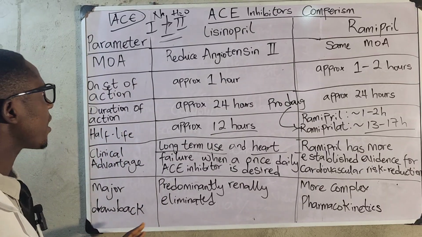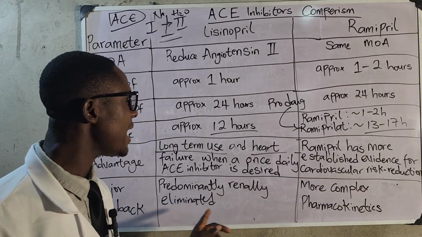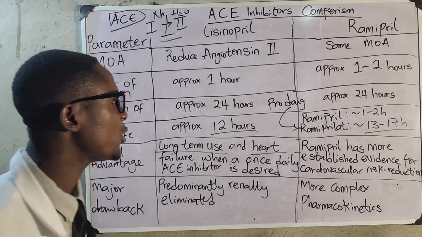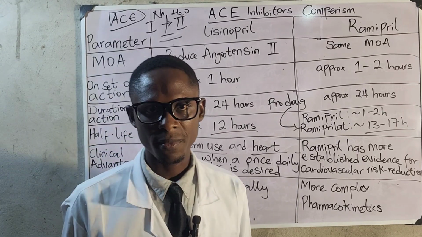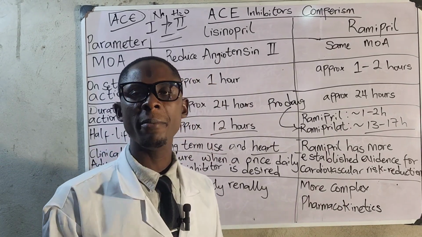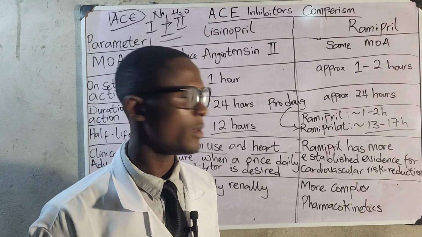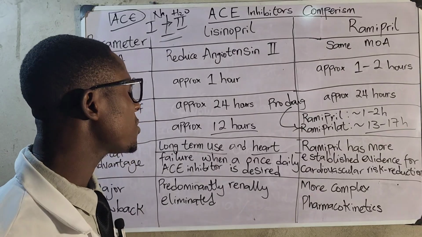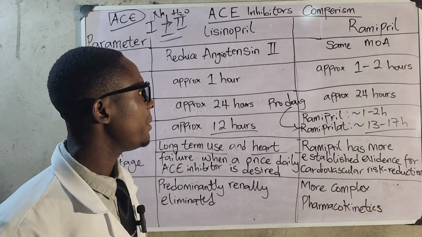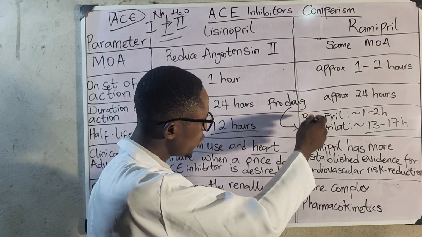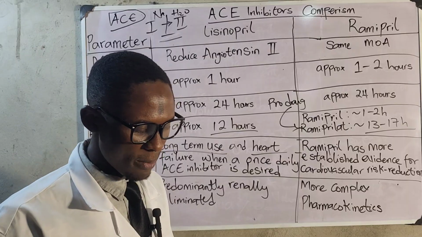Now, the major drawback of Lisinopril is that it's predominantly renally eliminated. So kidney function has great impact on clearance and dosing. So if there is kidney impairment, please watch how you make use of Lisinopril. That of Ramipril is more complex pharmacokinetics, because we said it's a prodrug that needs to be metabolized into the active metabolite, ramiprilat.